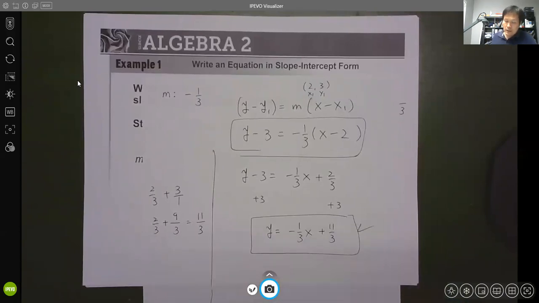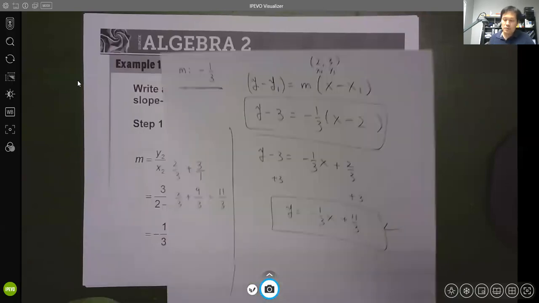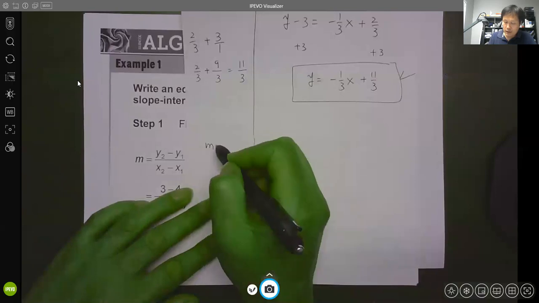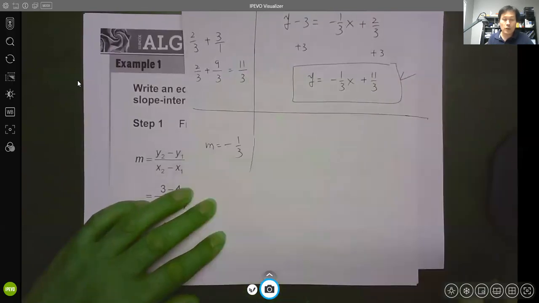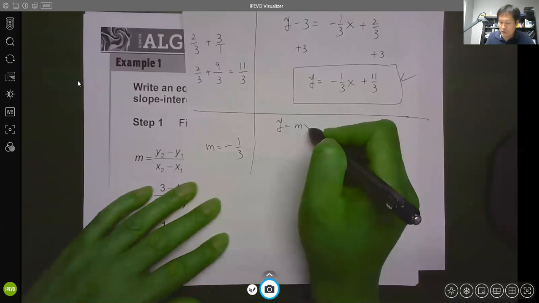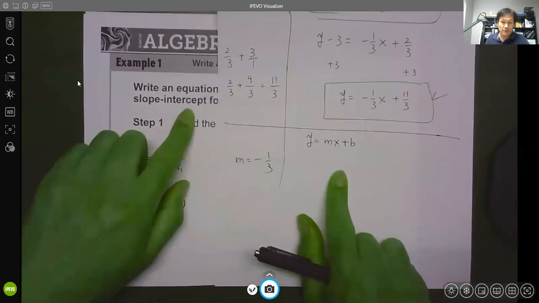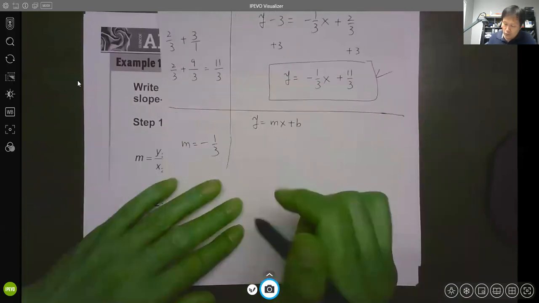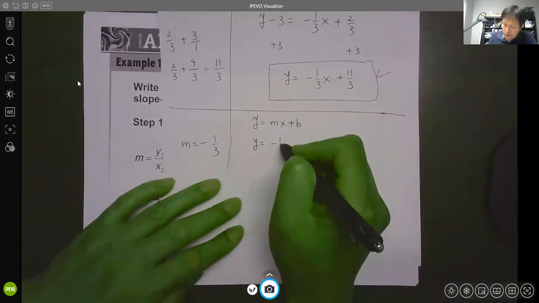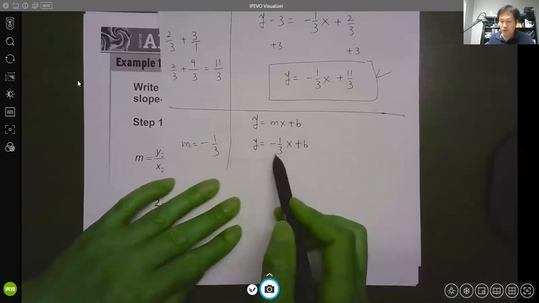Right here, once you got m equal to minus 1/3 as a slope, you could have stuck to y equal to mx plus b, slope-intercept form. So y equal to minus 1/3 x plus b, because m is minus 1/3.